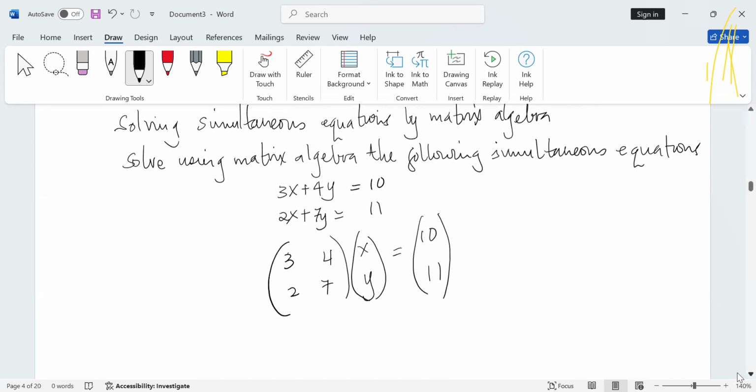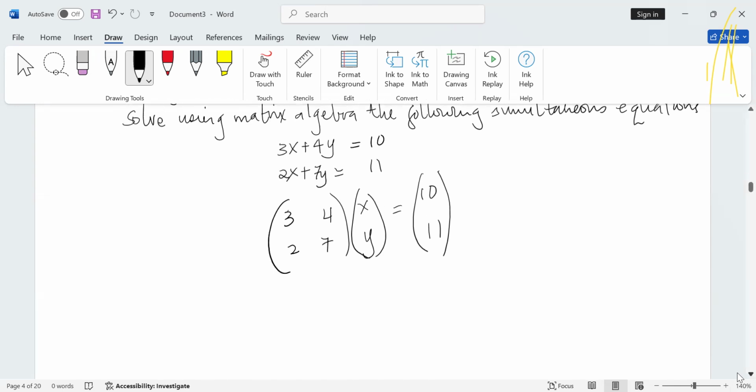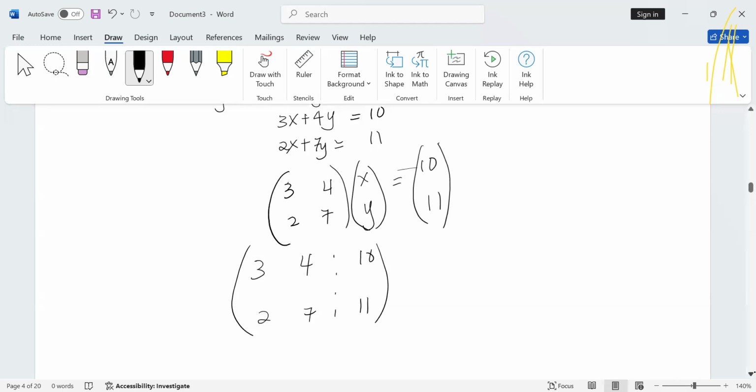Okay, so we are just applying the way we were taking 1 0 0 1. Now we are reducing this to 1 0 0 1 and that one. So we have 3, 4, 7. So we just want to reduce this to look like 1 0 0 1.